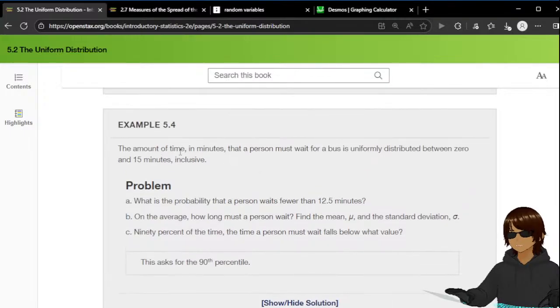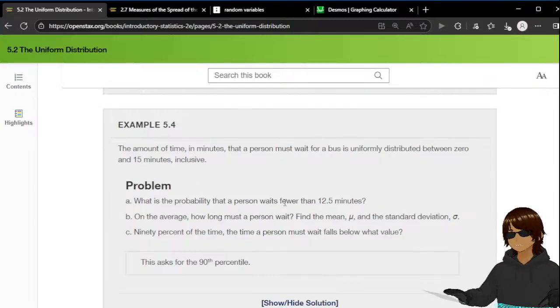The amount of time in minutes that a person must wait for a bus is uniformly distributed between 0 and 15 minutes inclusive. What is the probability that a person waits fewer than 12.5 minutes? It's uniformly distributed. It's between 0 and 15 minutes.